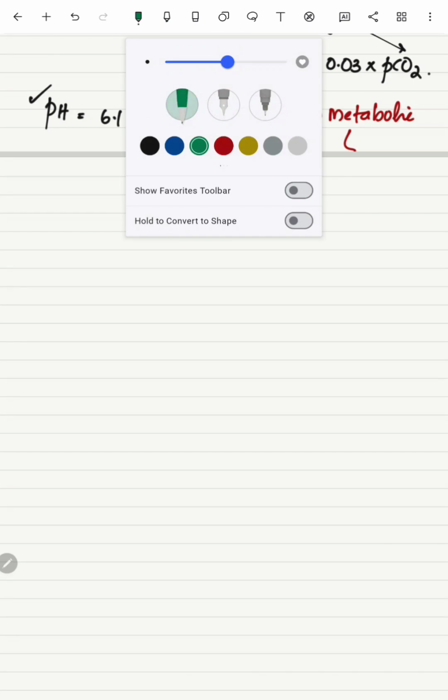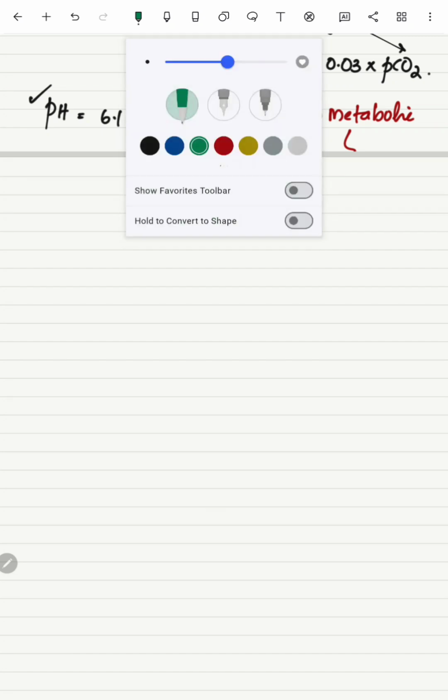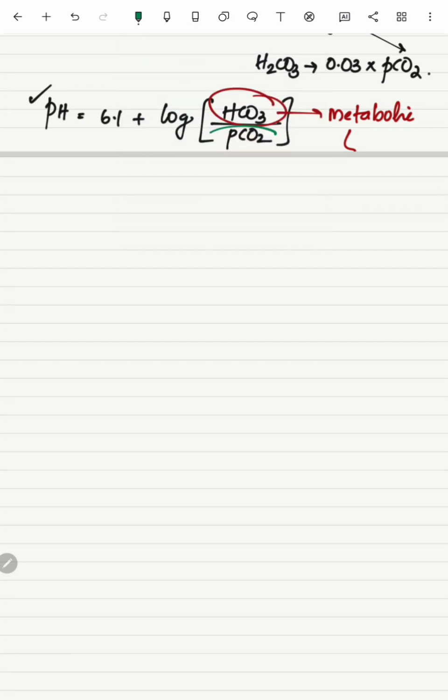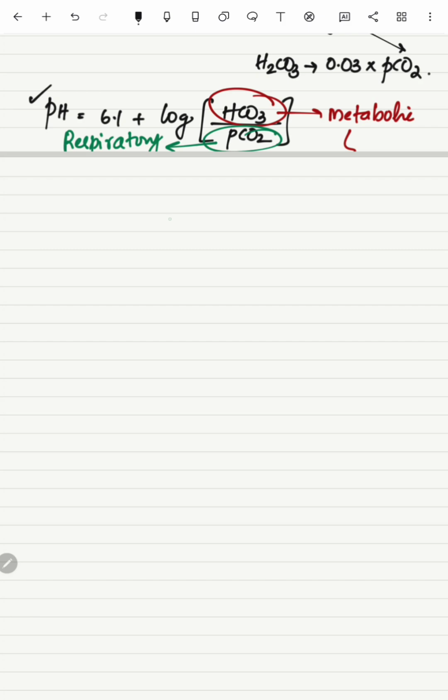And if there is any change in the denominator, that is carbonic acid, which here we are interpreting as PCO2, we are expecting the patient is having a respiratory disorder, either respiratory acidosis or respiratory alkalosis. Now we will discuss all these disorders in detail.